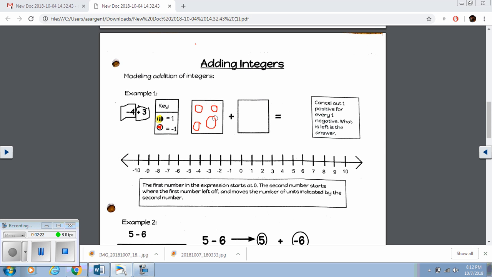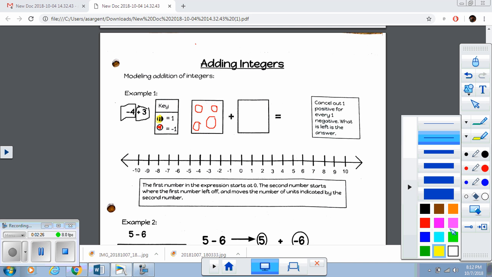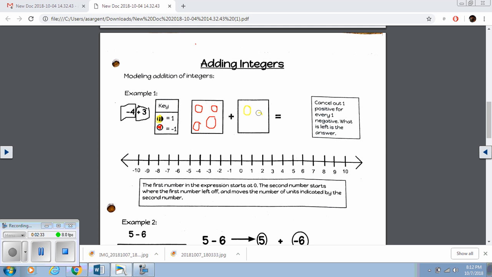So I have 4 negatives, took care of that, and then in the next box, I'm going to take care of my 3 positives, sorry. 1, 2, 3.